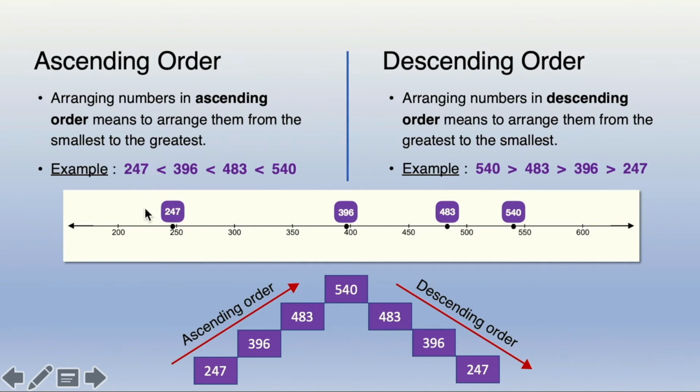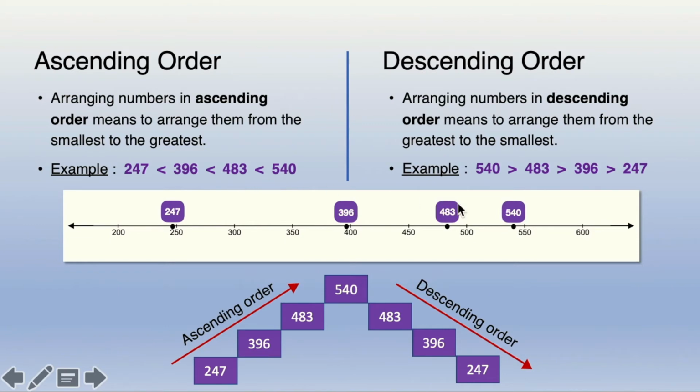Now, next number along this number line out of these 4 numbers is 396, which is greater than this number 247, but it is less than the remaining 2 numbers. So this is our second number in the ascending order. Then next number is 483, which is greater than 396.